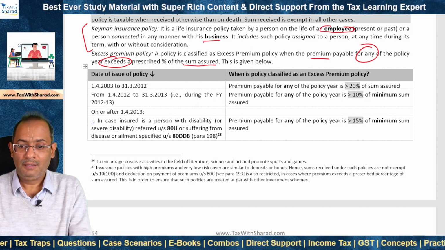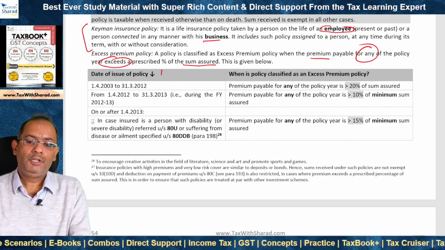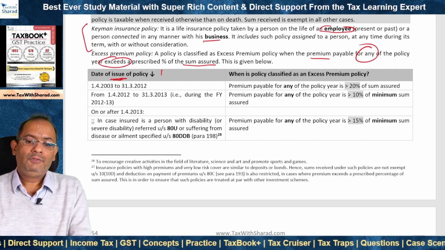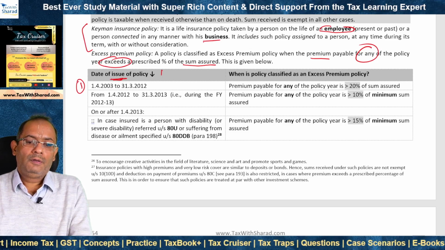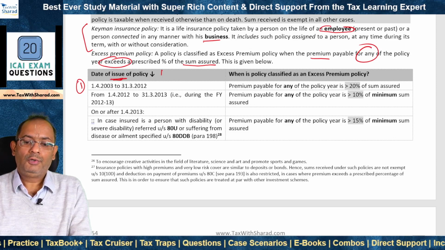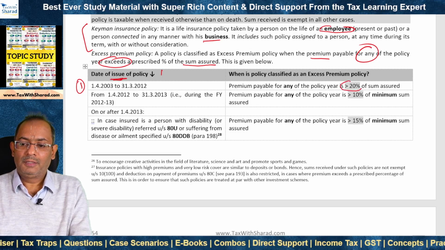It is not exempt under section 10(10D). So what we need to consider is the date of the issue of policy. When was the policy issued? If the policy was issued from 1st April 2003 to 31st March 2012, then the threshold is 20%.